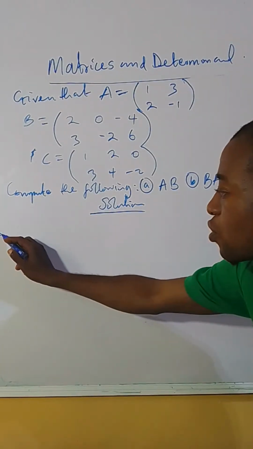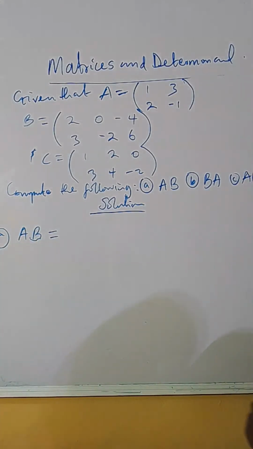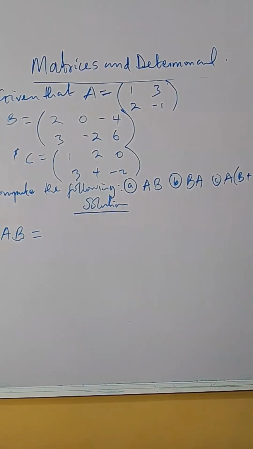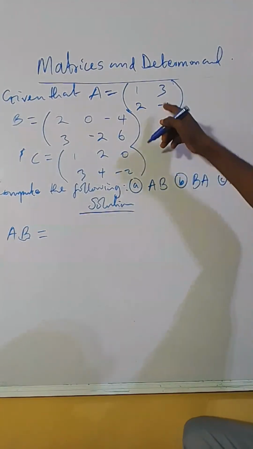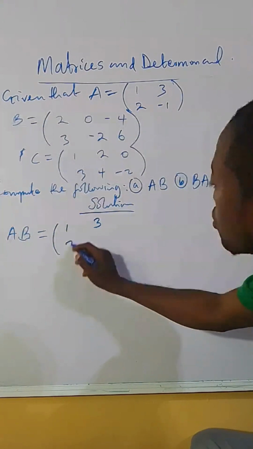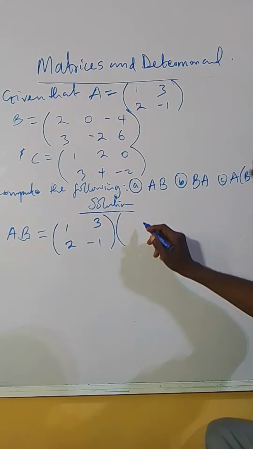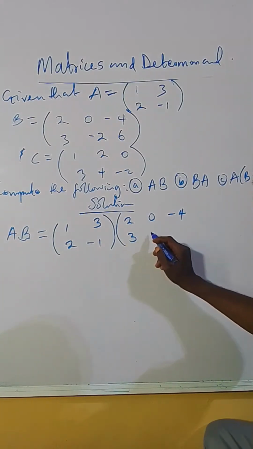Like the first one here, A times B. A first and B second, A multiplied by B. Then here, we write A first: A is 1 3 2 minus 1, times B, which is 2 0 minus 4, 3 minus 2 6.